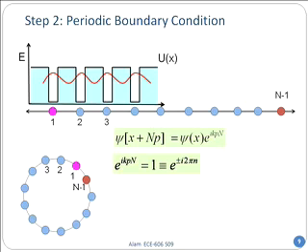And if the left side and right-hand side have to be equal, then you can see that e to the power i k pn must be equal to 1, only when I pull them back together. And if it is 1, then you know that this 1 equals e to the power i 2 pi n. Do you know this formula?